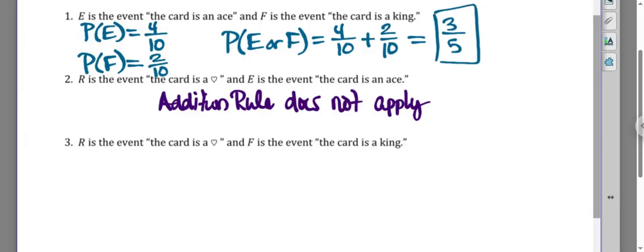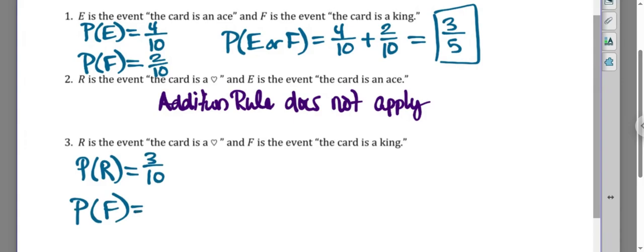If it's a heart or a king. So the probability that it is a heart is 3 out of 10. The probability that it is a king is 2 out of 10.